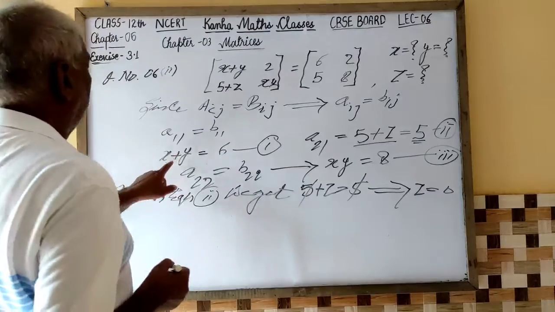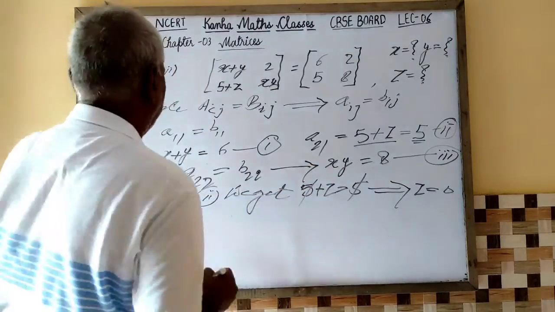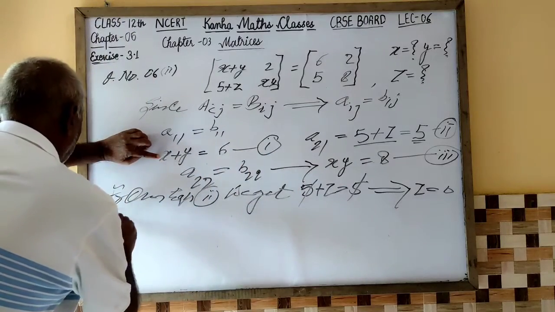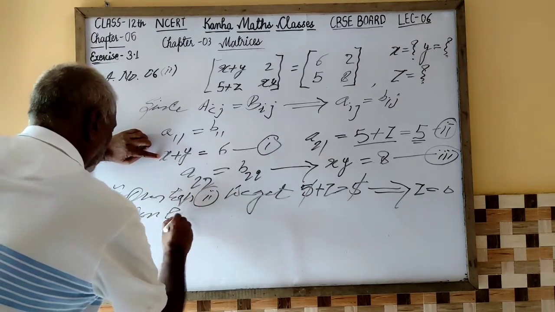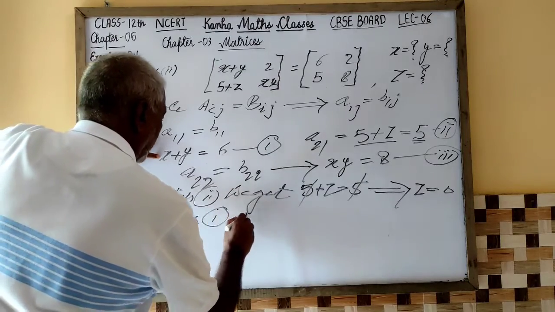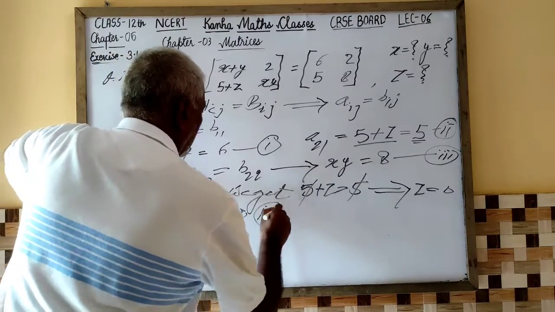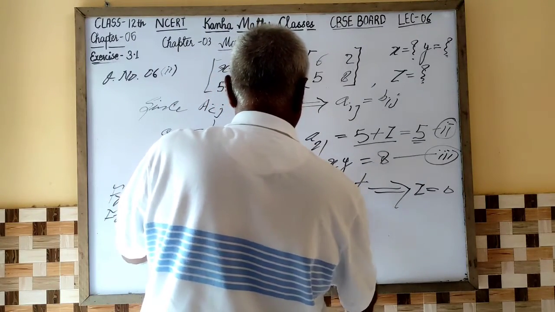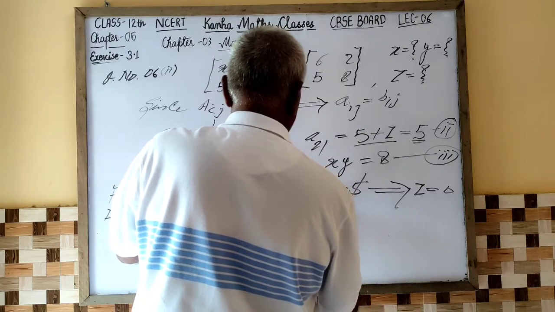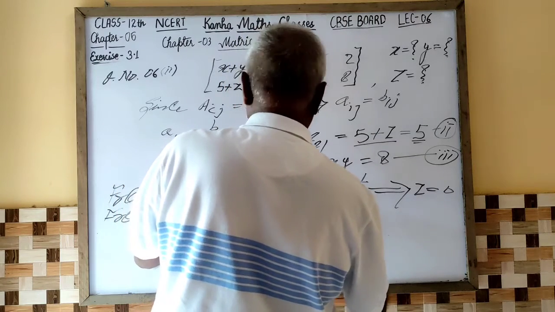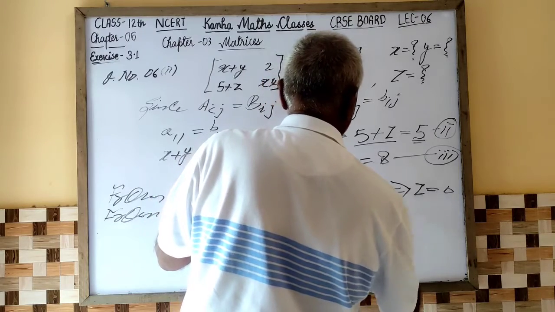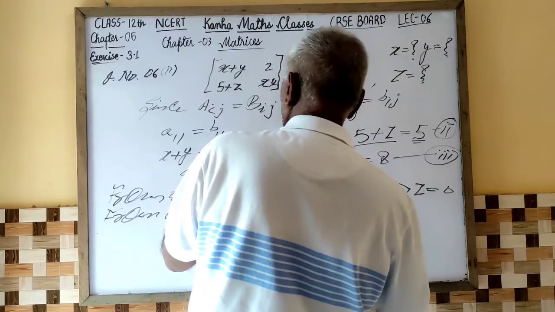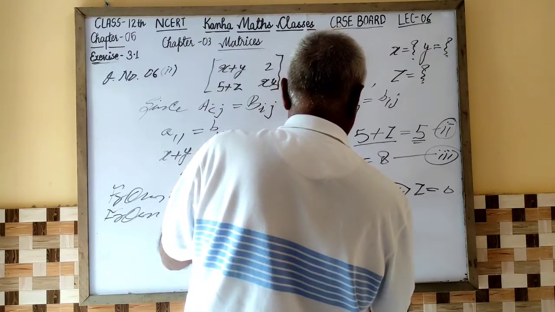Now what remains is x plus y is equal to 6 and xy is equal to 8, from equations number 1 and 3. From equations 1 and 3 we get x plus y is equal to 6 and xy is equal to 8.